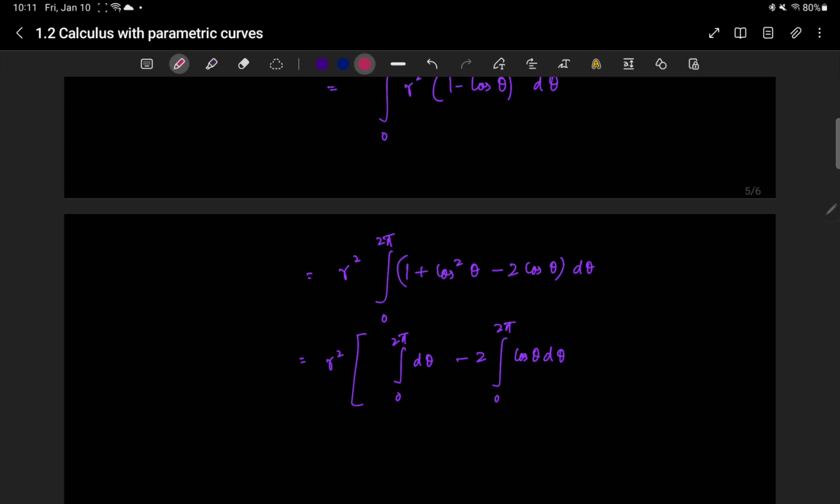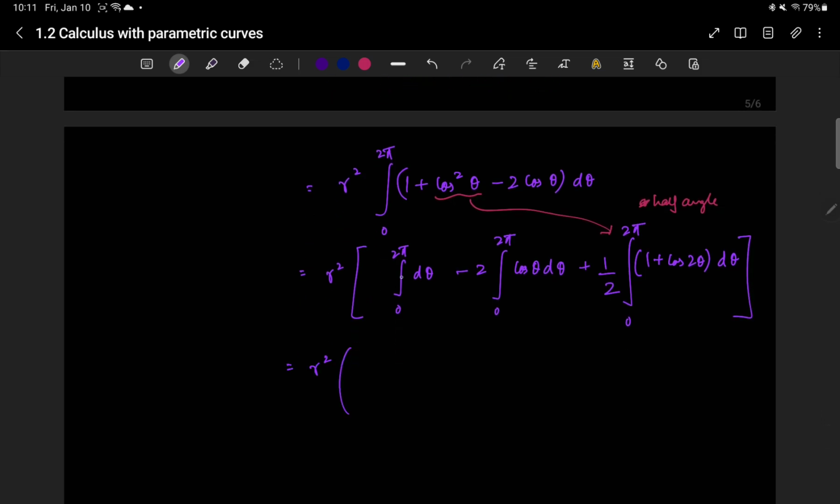But for cosine squared theta, we will use a trick that you have seen before, which is the half angle formula. We will rewrite this as 1/2 (1 plus cosine 2 theta), and the integral of this from 0 to 2 pi d theta.